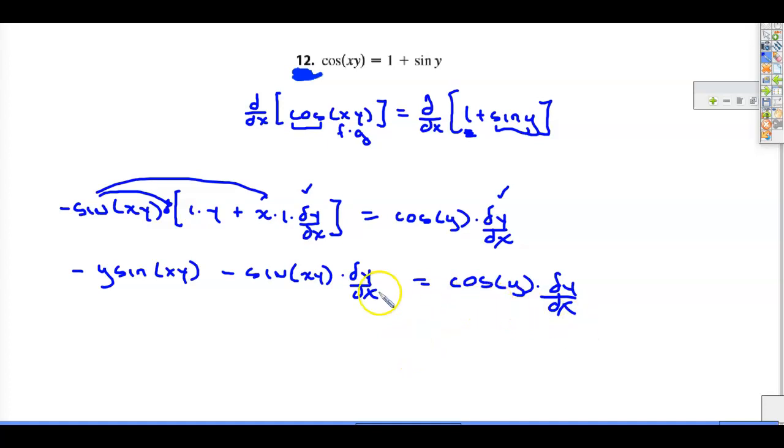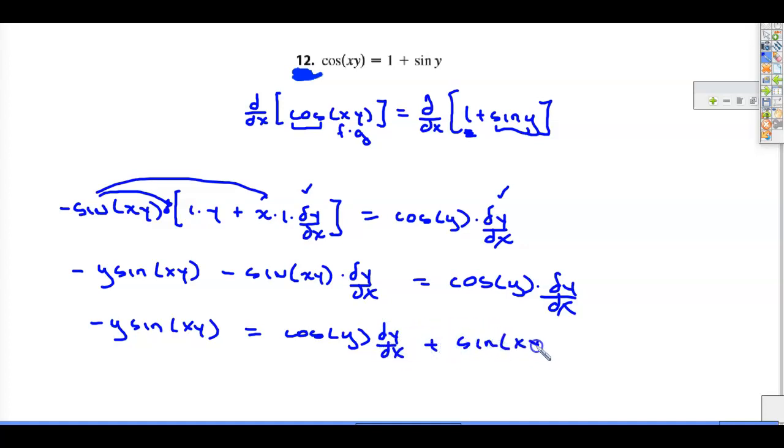Now, I recognize that it might just be easier to bring this term over to this side. So this would be minus y sine of xy equals cosine of y dy/dx plus x sine of xy dy/dx.